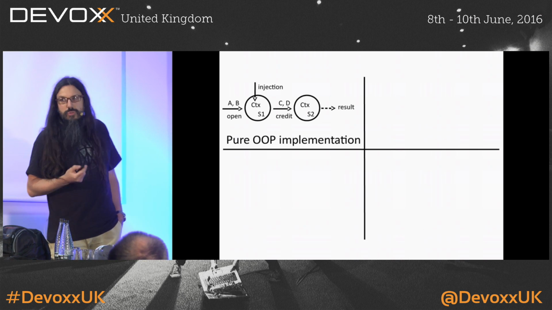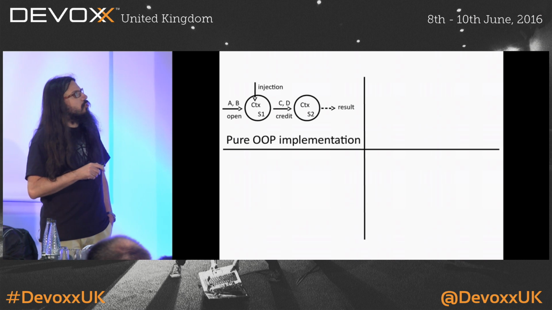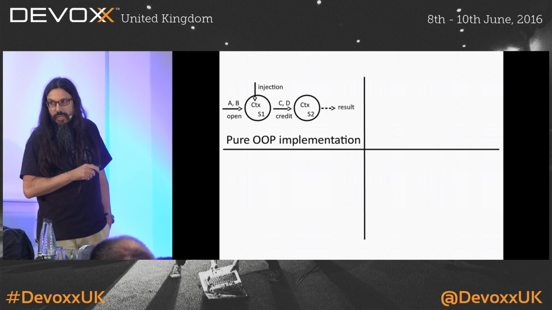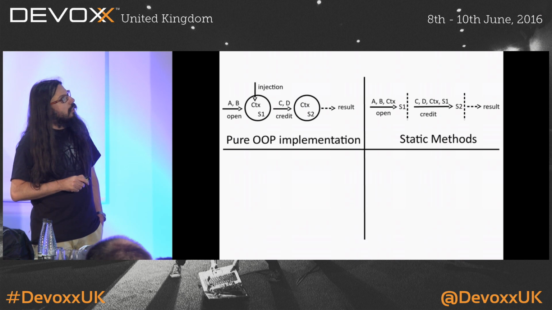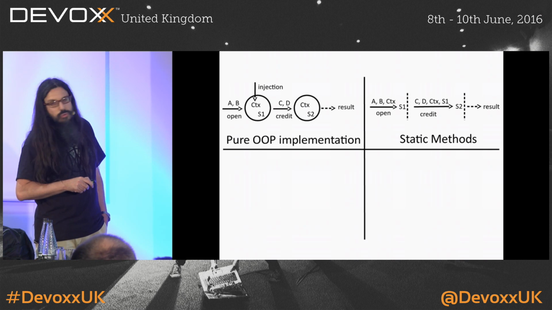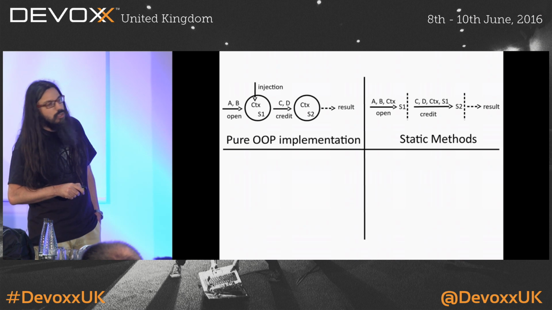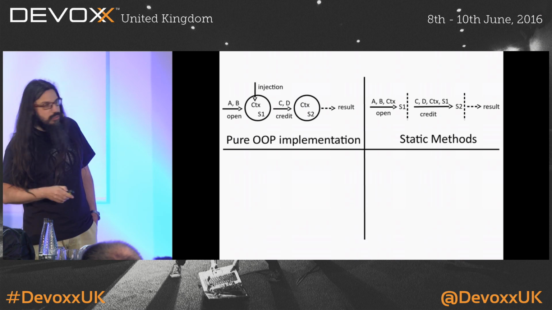So what I've done so far: I started from a pure implementation where the context, the bank connection, was injected, and then I did credit, and I mutate S1 to S2 and so forth. Then I transformed everything into static methods, so I have to pass the state around together with the context at each function.